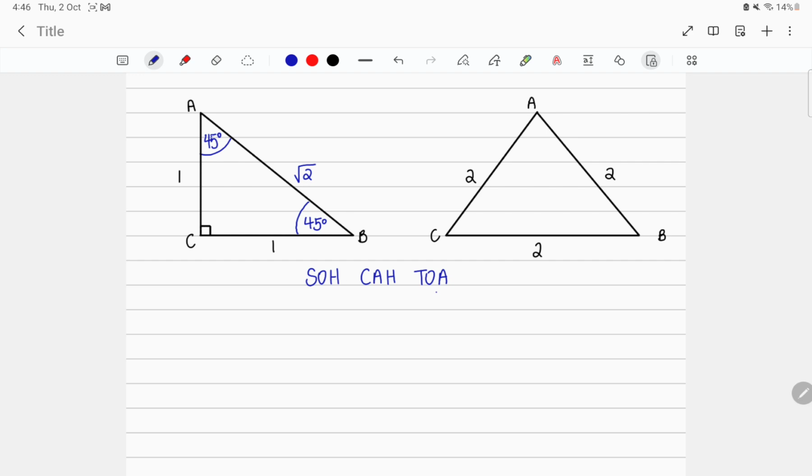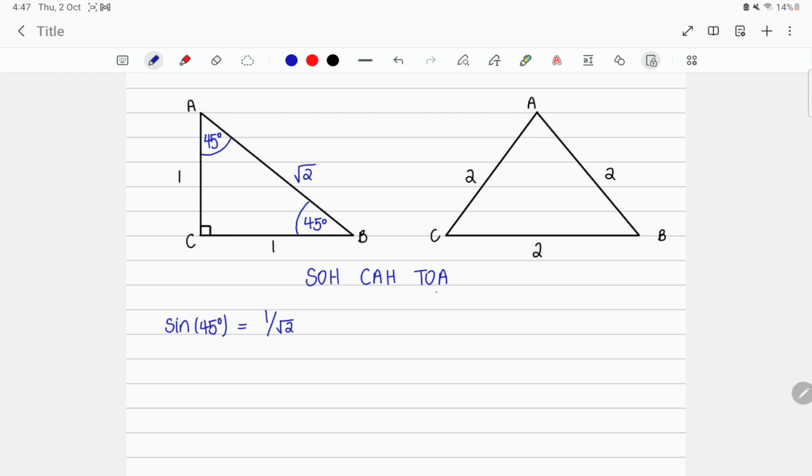If I'm using, let's say, angle A as my reference angle, then sine of 45 degrees would be equal to the opposite side, which would be this side down here, divided by the hypotenuse, which is root 2. So sine 45 degrees would be 1 over the square root of 2.